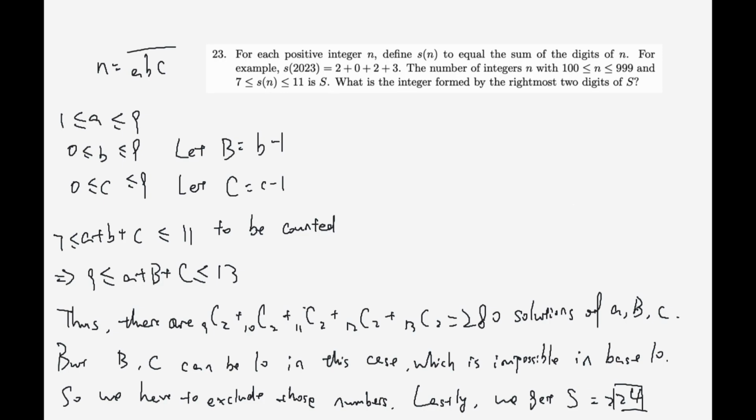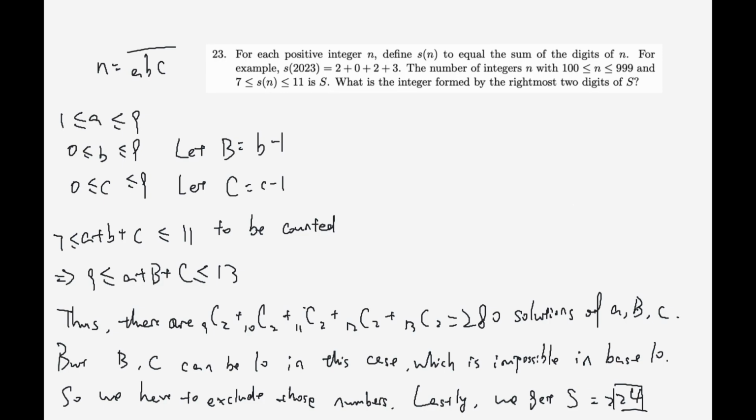So first we have 7 is smaller than a plus b plus c, and smaller or equal to 11. And now we have 9 is smaller or equal to a plus big B plus big C, which is smaller or equal to 13.